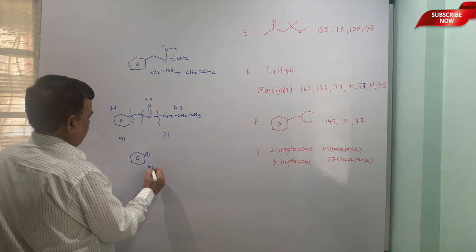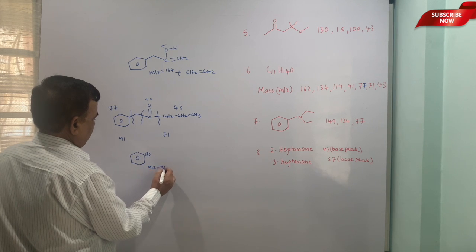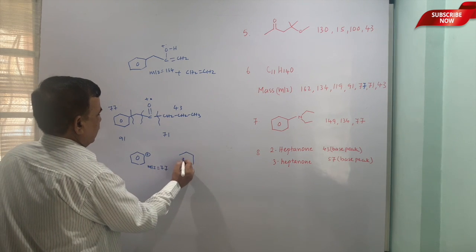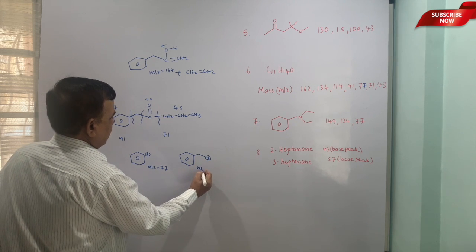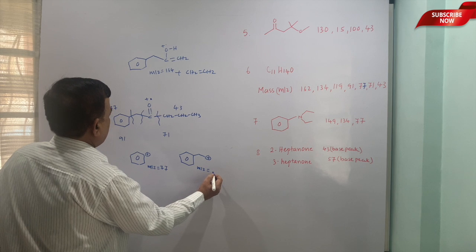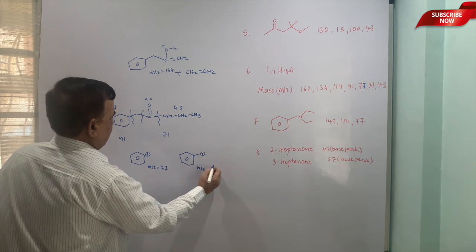This is M by Z is equal to 77. Then the well known tropylium ion, the M by Z is equal to 91.